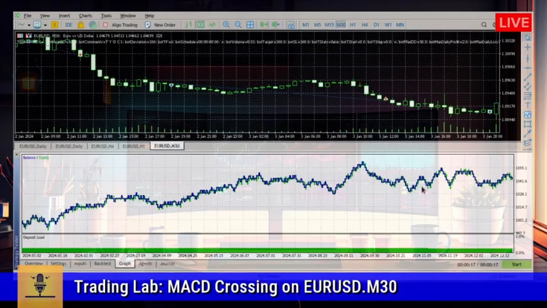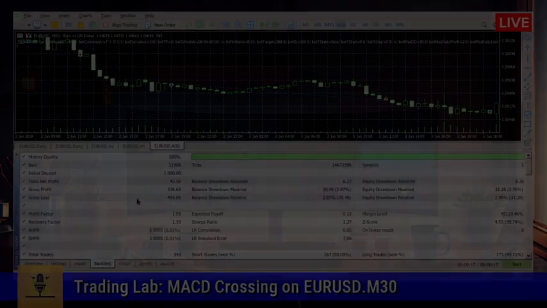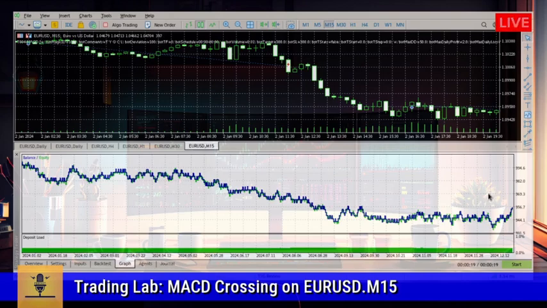On the 30-minute chart, MACD performance is close to the 1-hour chart. Nothing is new here. Before we start with the 5-minute chart, we try the 15-minute chart first.